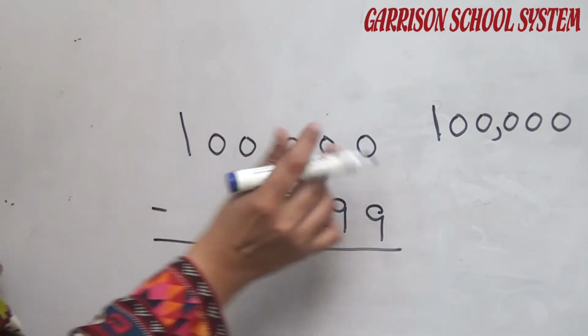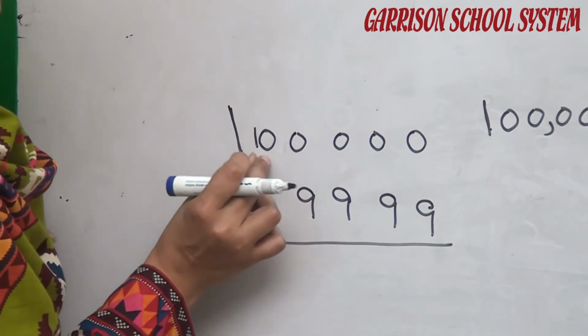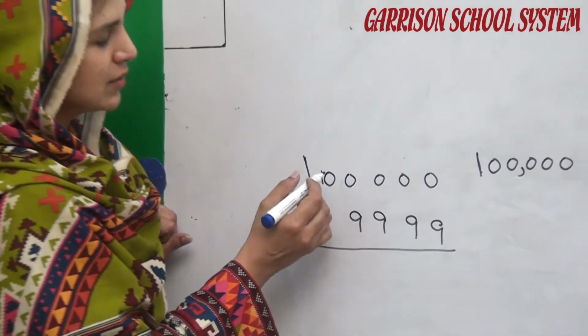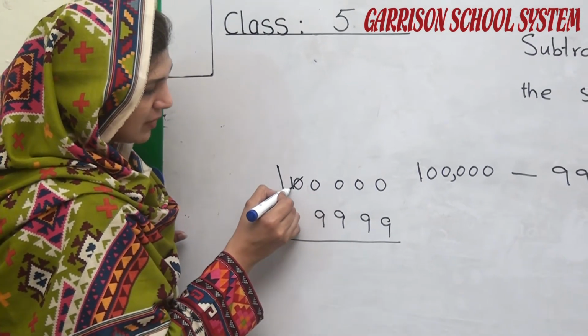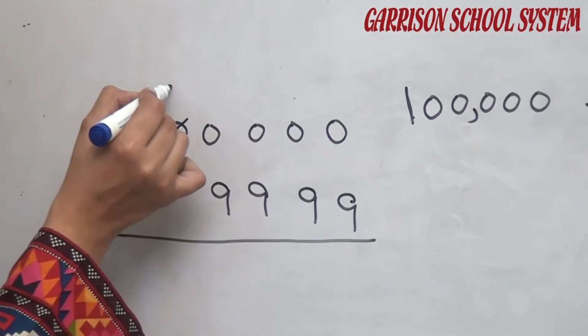Students, we take a carry here, it becomes 10, because when we take a carry we cannot take 1, we will take tens. So it remains 9 here.